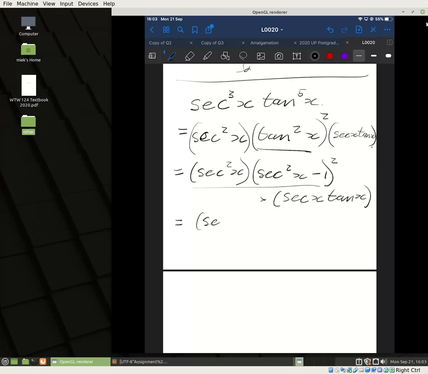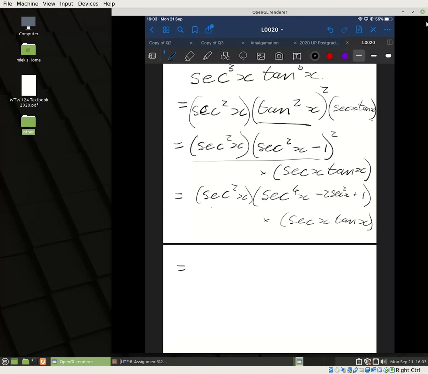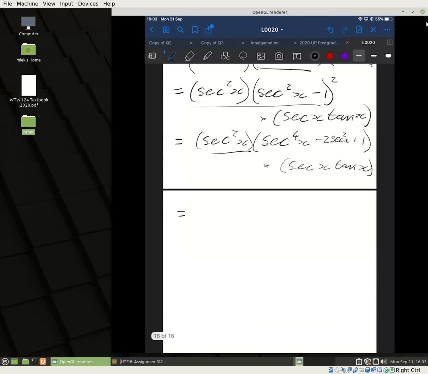So that is sec squared x multiplied with sec to the 4 x plus 1 minus 2 sec squared x, multiplied with sec x tan x, and let us multiply this factor in, so we get sec to the 6 x minus 2 sec to the 4 x plus sec squared x, multiplied with the derivative of sec, which is sec x tan x.